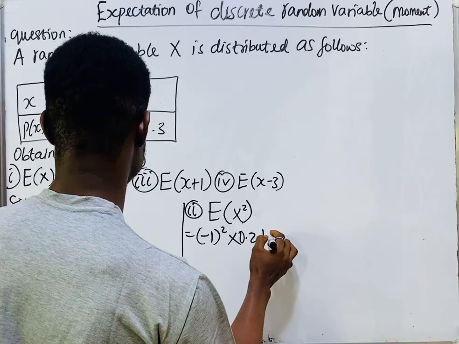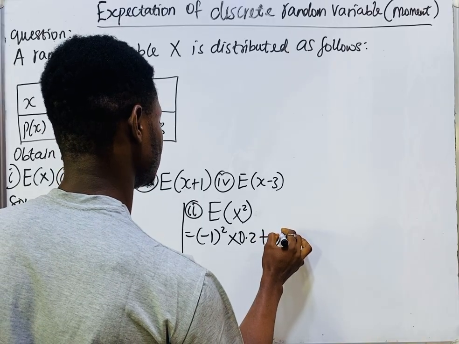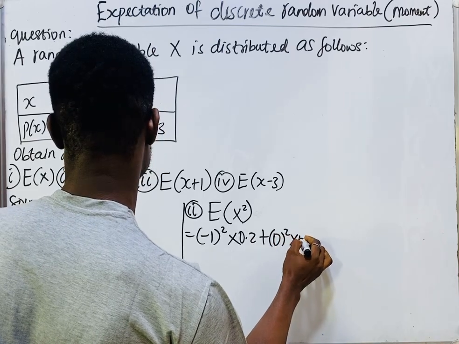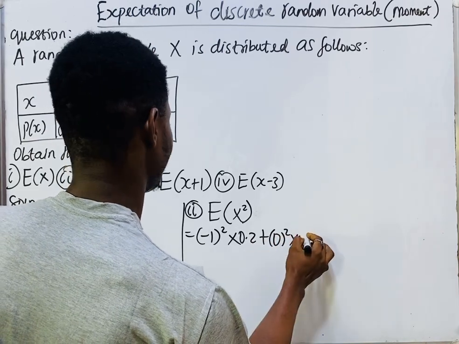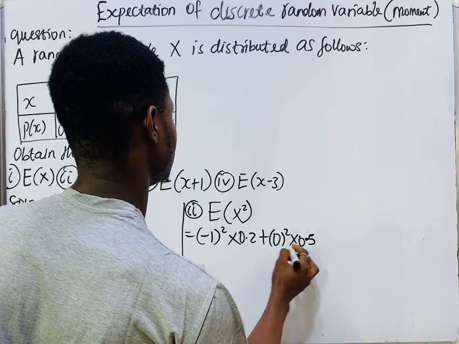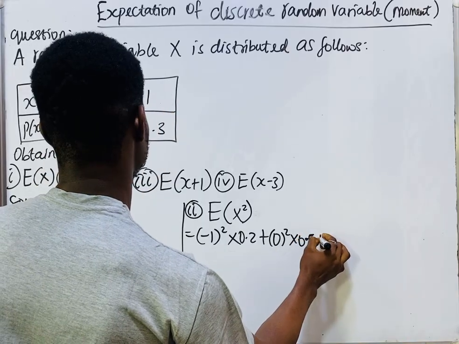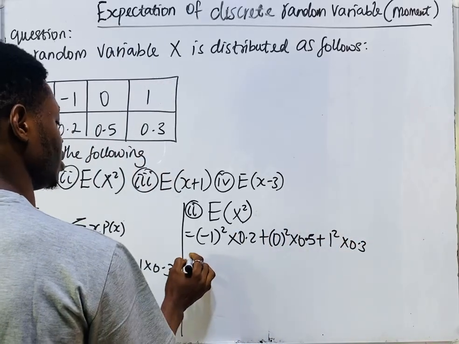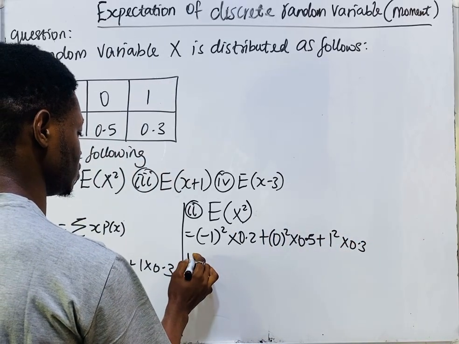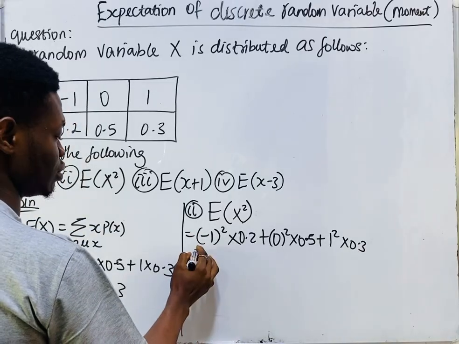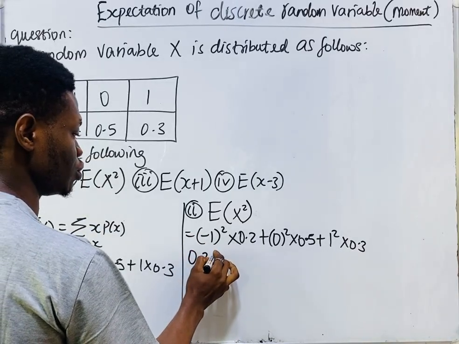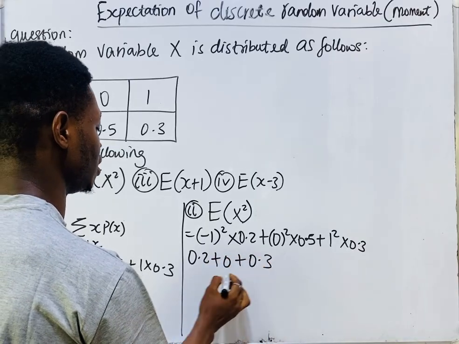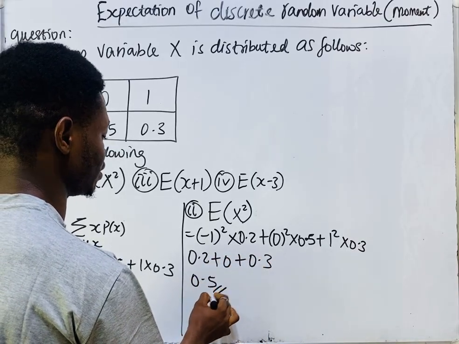Plus 0 squared times 0.5, right? Then plus 1 squared times 0.3. So we're going to have -1 squared is 1, times this gives us 0.2, plus this one is 0, plus 0.3, which will give us 0.5 as the answer.